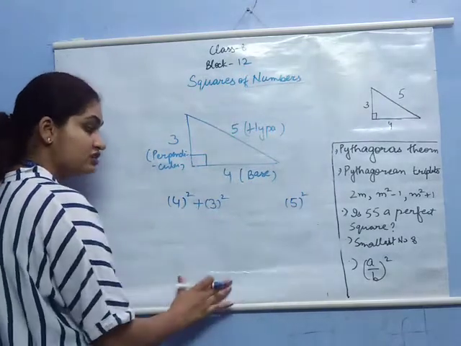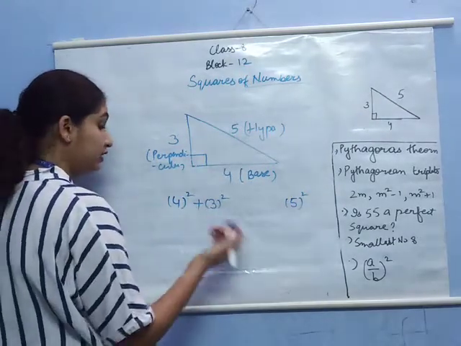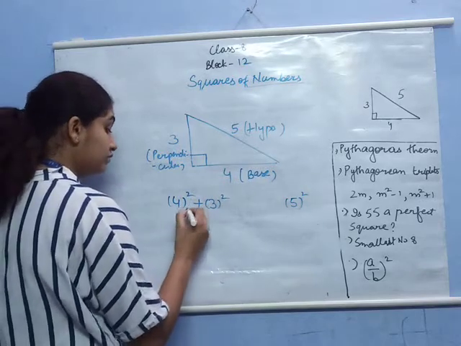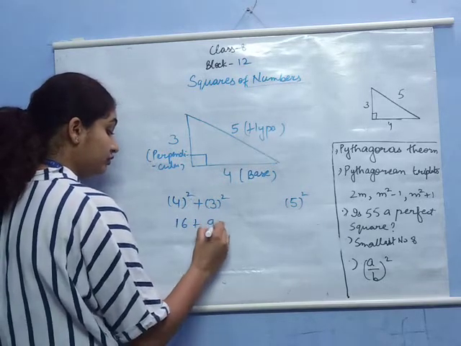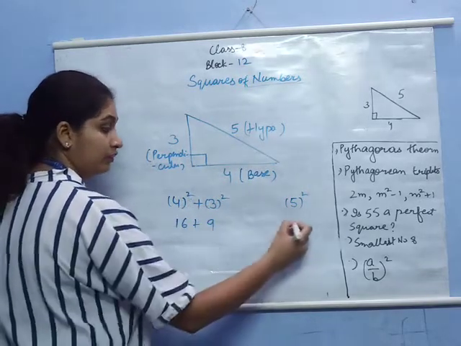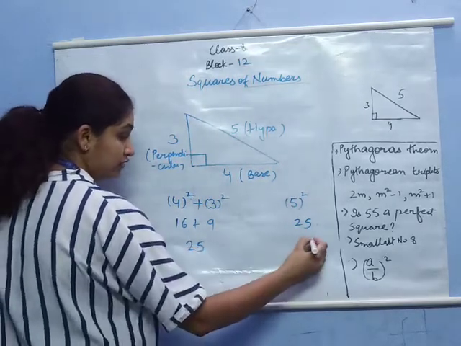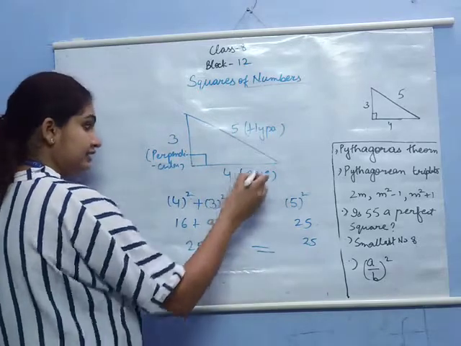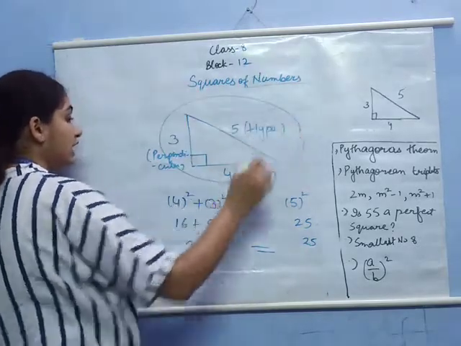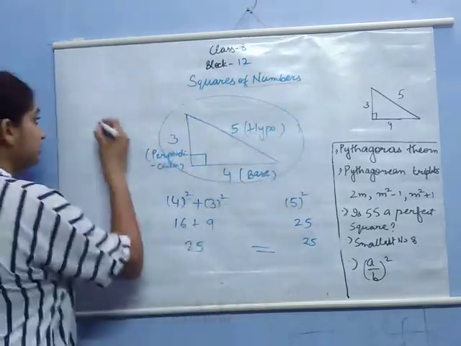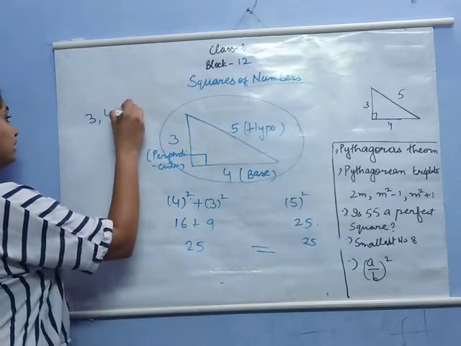Let's check the LHS and the RHS. 4 square is 16, 3 square is 9, 5 square is 25. Its value is also 25. That means yes, they are Pythagorean triplets.